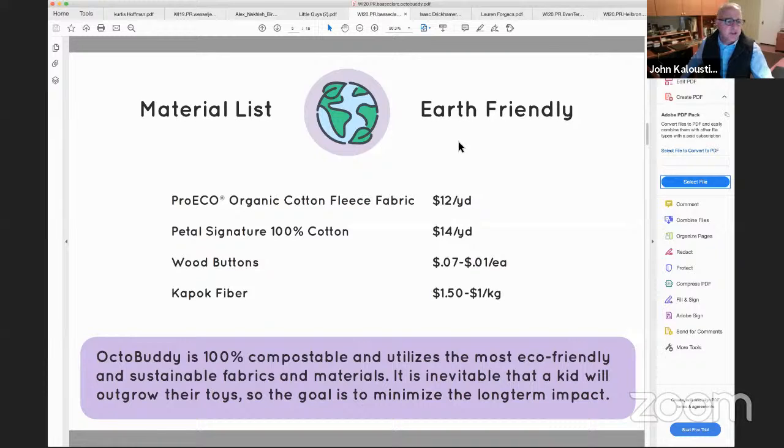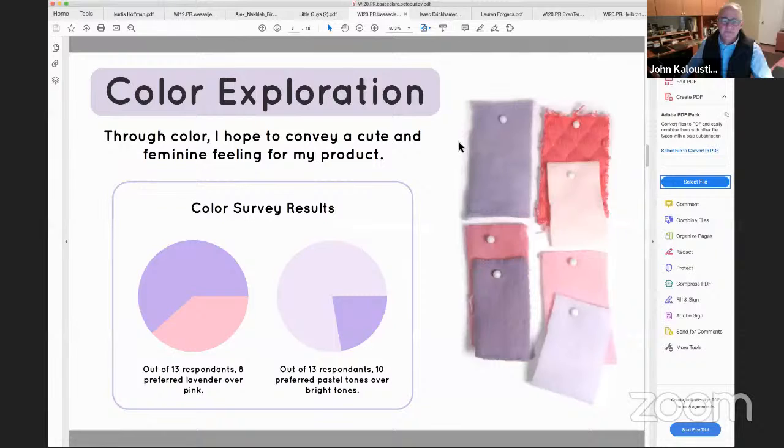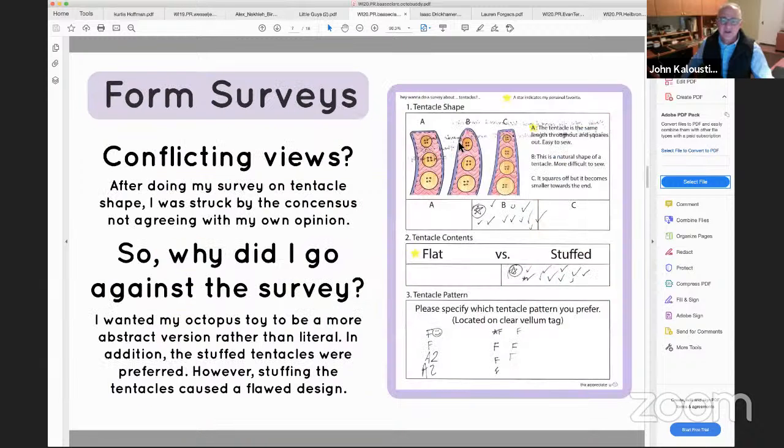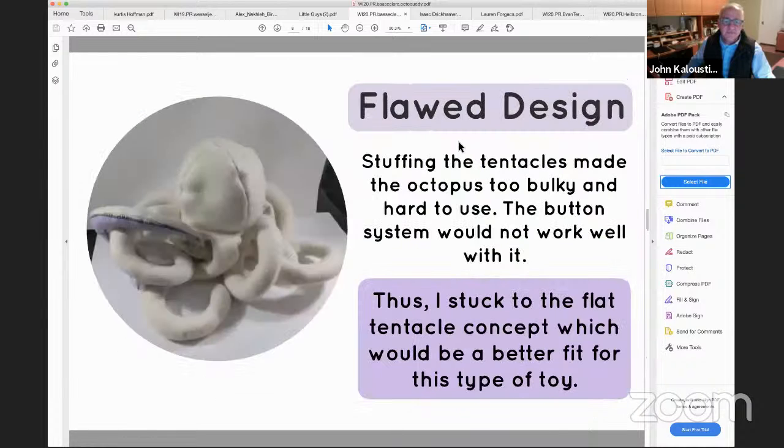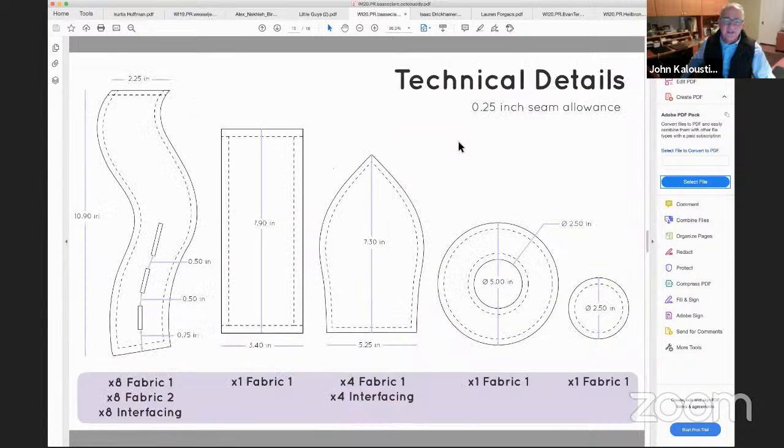She actually purchased organic cottons and things that could biodegrade and researched them. She bought cotton and then the dye and dyed it herself. She made a survey form of what people liked and didn't like, and then started to create templates, again with her sewing skill. And then she created this octopus.